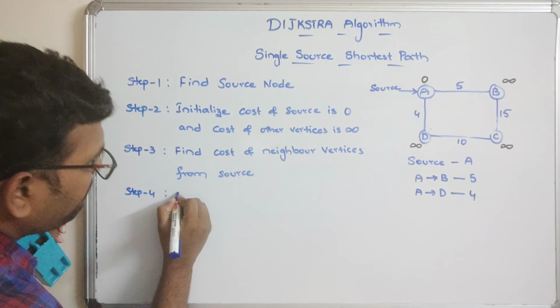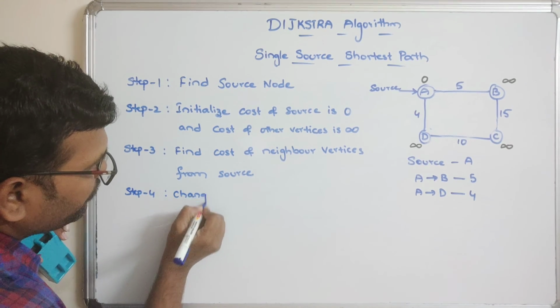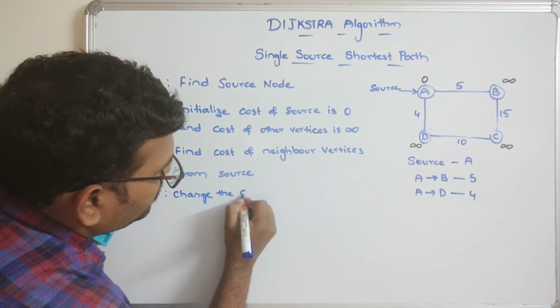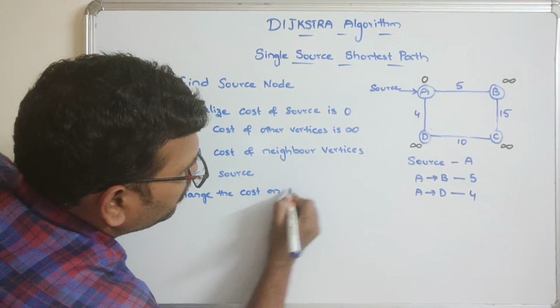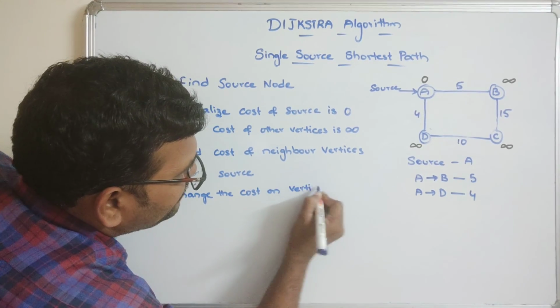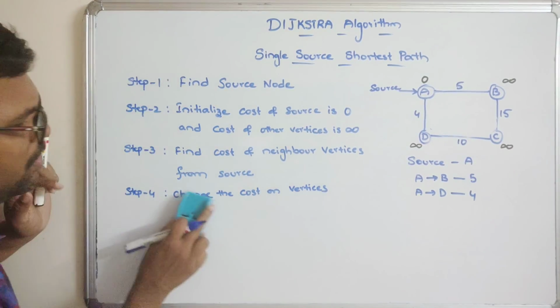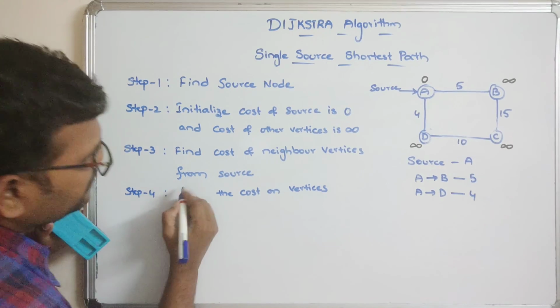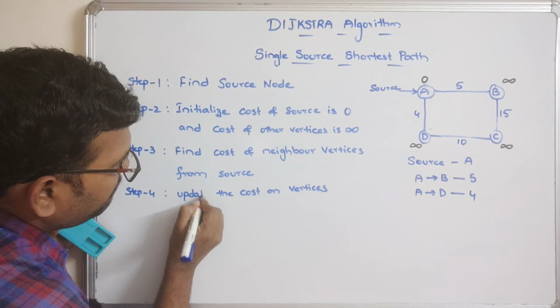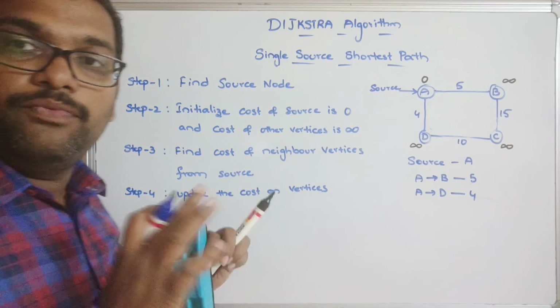Step 4. Change the cost on vertices, or you can say update the cost on vertices.